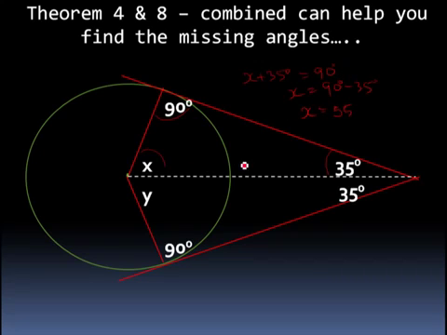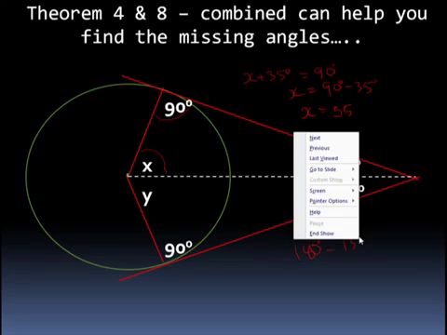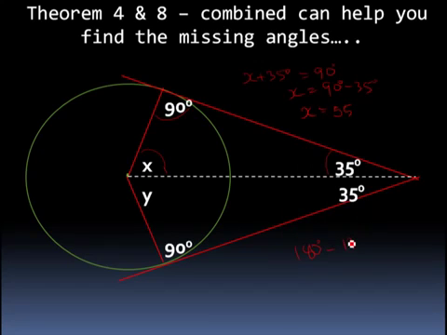Okay, so these two angles should be complementary, in other words, add up to 90 degrees. And if you wanted, we could have done it the other way around. We could have said 90 plus 35, that's 125. And so down here we could have said 180 degrees minus 125, so that should be 55 degrees.